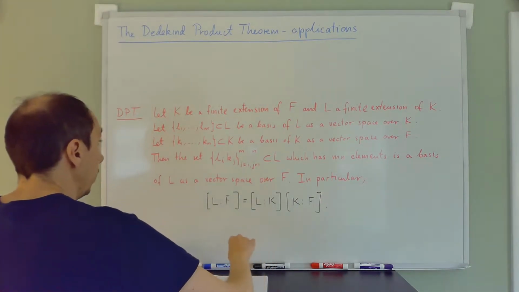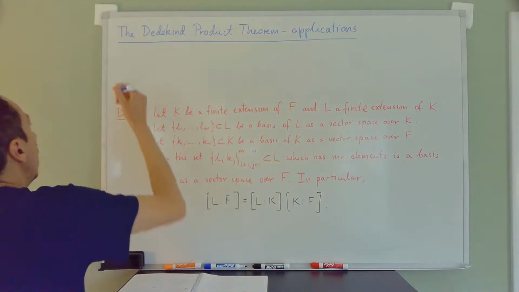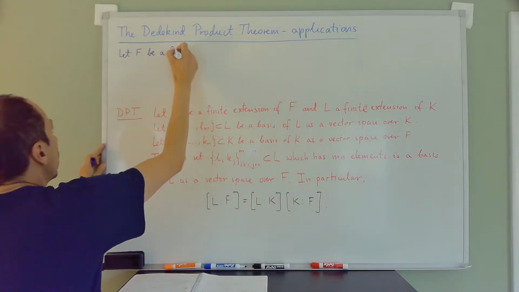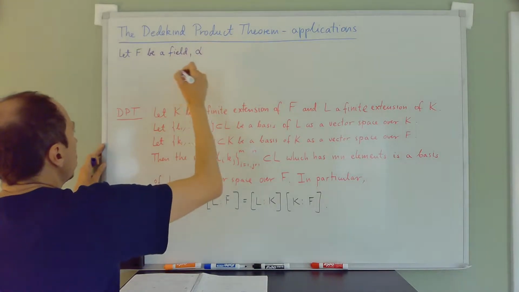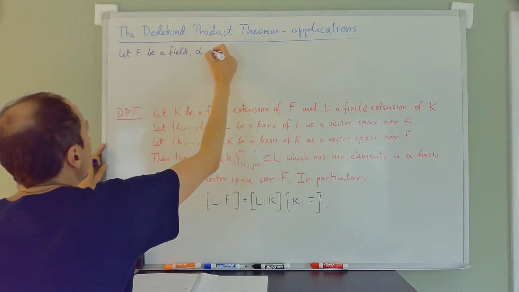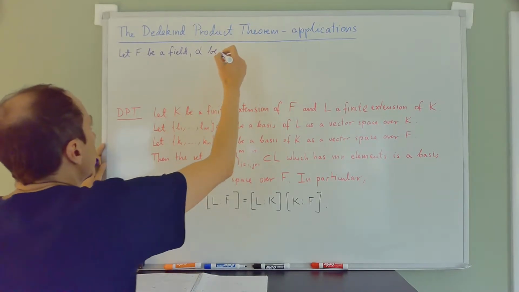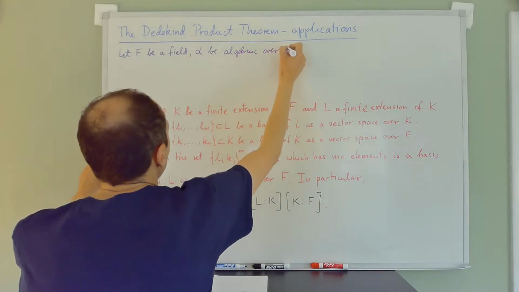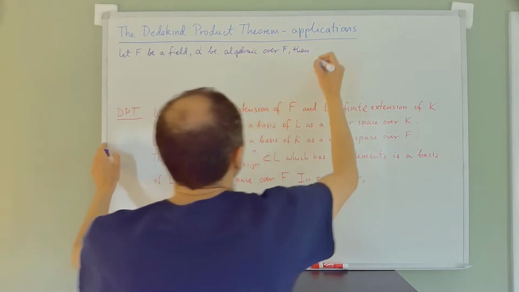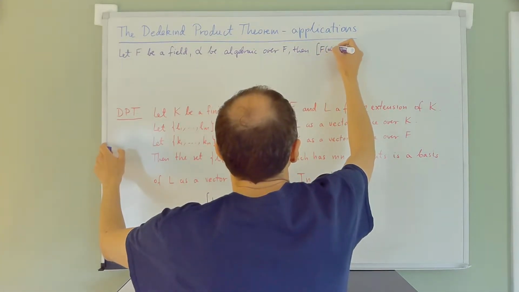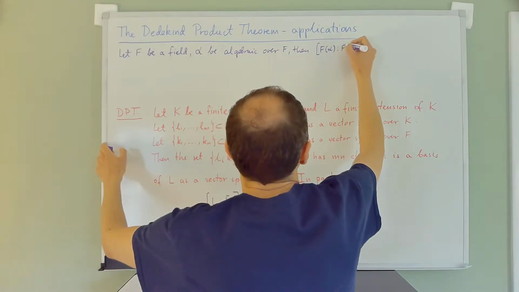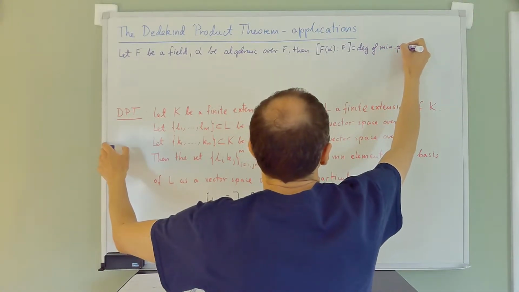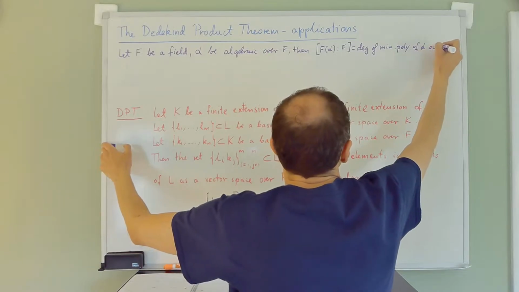So if I take F to be a field, and alpha in some field extension is an algebraic element, then we said that the degree of the field F adjoin alpha over F is equal to the degree of the minimal polynomial of alpha over F.